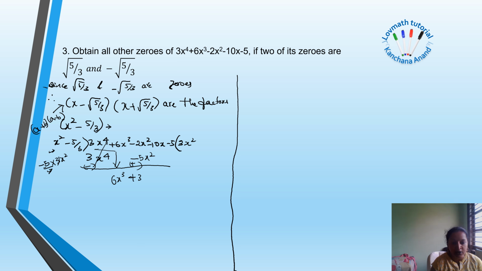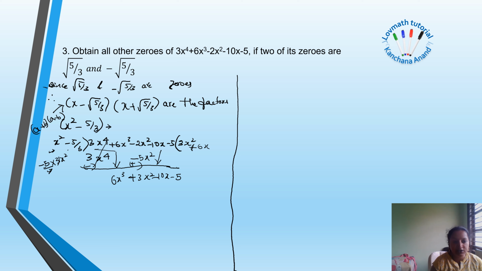And now let us take the remaining terms for further division. That means minus 10x minus 5. So to divide this further, we have to multiply x square minus 5 by 3 by plus 6x.